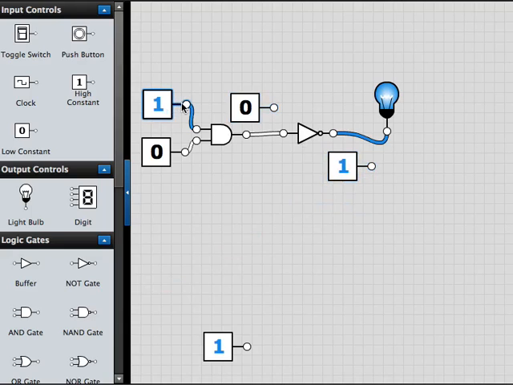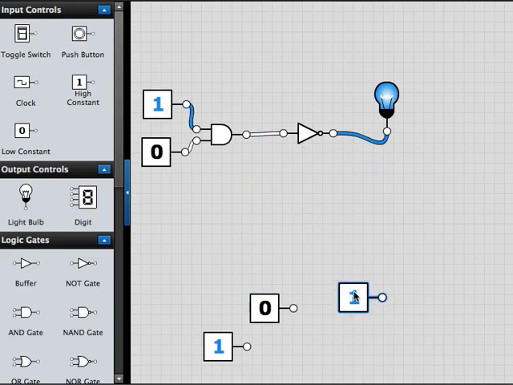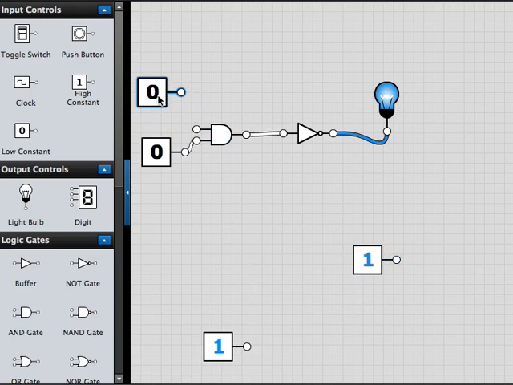So let's take away that and take away that and remove that input. Remove that input from the AND gate. Now, the theory should be that if I have two inputs to my AND gate, both being off, both being 0, then the output will be 0.